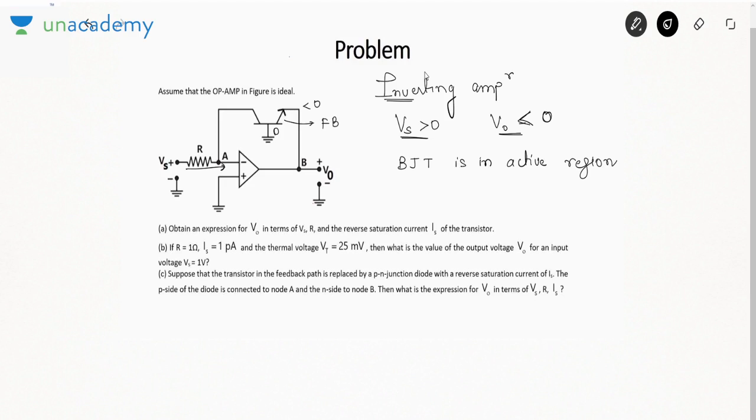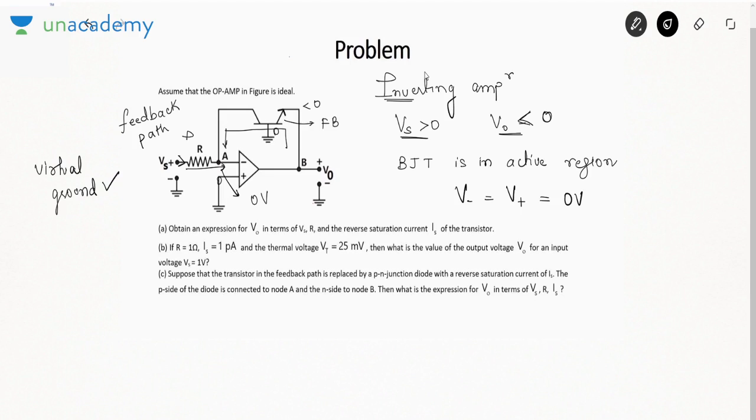If it is an active region, then we have the feedback path. If we have the feedback path, then we can apply the concept of virtual ground, right? If we can apply the concept of virtual ground, the voltage of negative terminal will be 0 because positive terminal is grounded. It will be 0 volt.